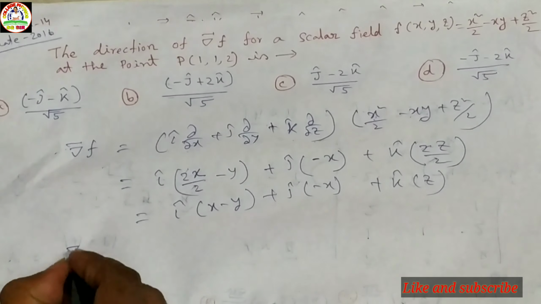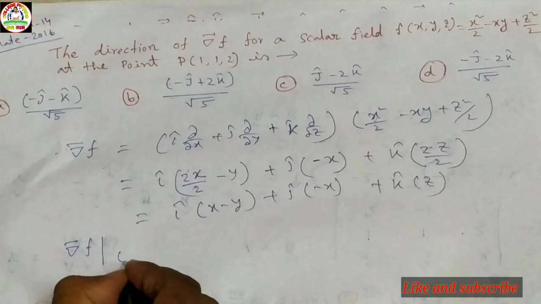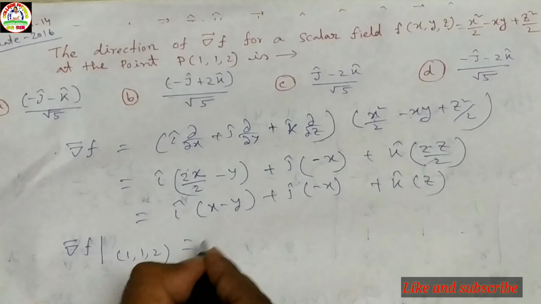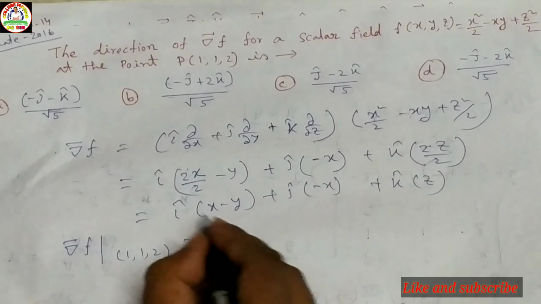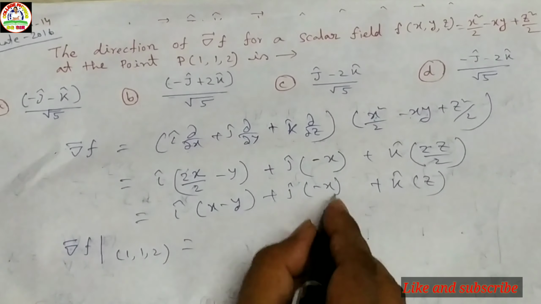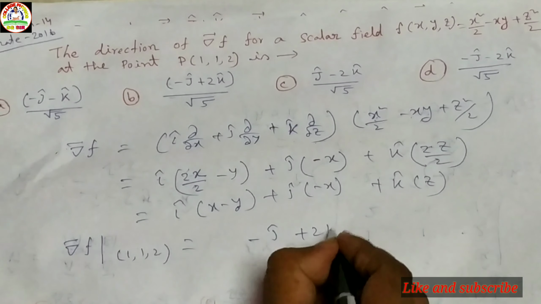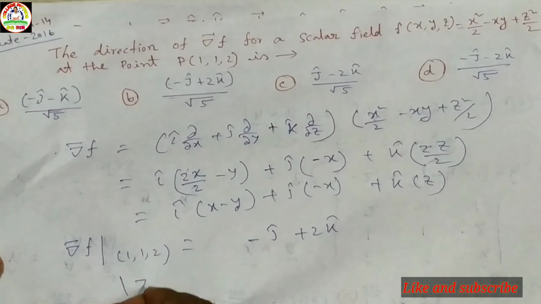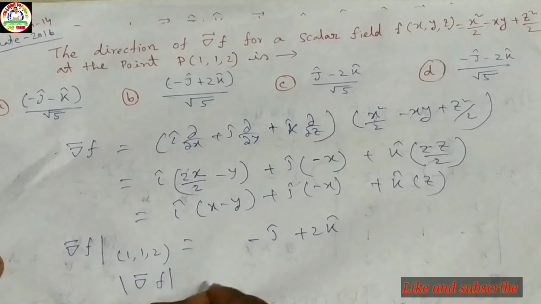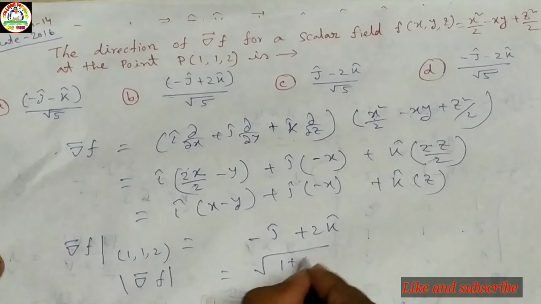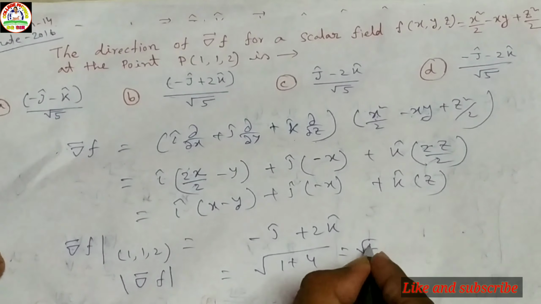So the gradient of f at the point (1, 1, 2), we get 1 minus 1 means 0, this is minus j cap, this is plus 2k cap. Now magnitude of grad f is equal to root over of 1 plus 4 equal to root 5.